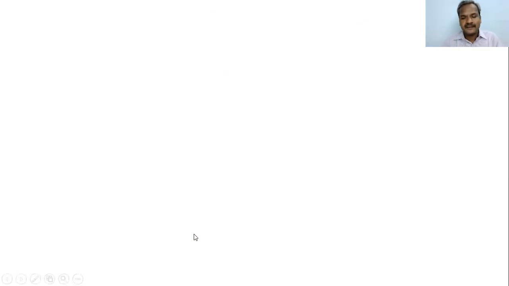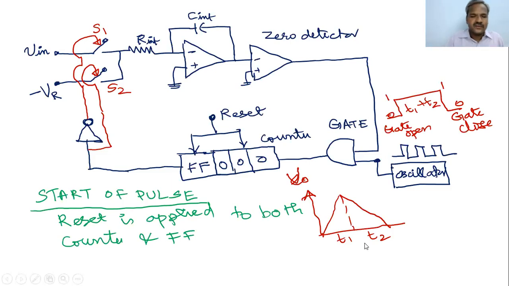So what happened when we apply the reset? The flip-flop memory and counter memory, the existing memory, is all cleared. So totally zero, right? The flip-flop memory is zero.